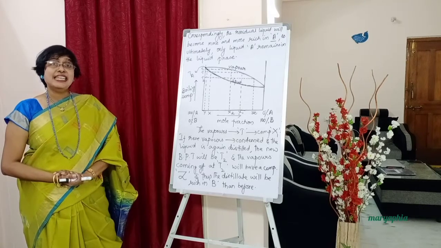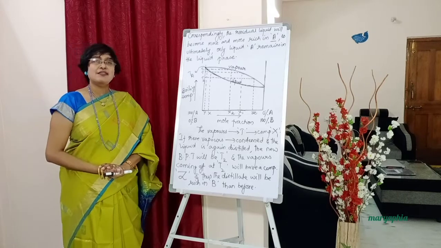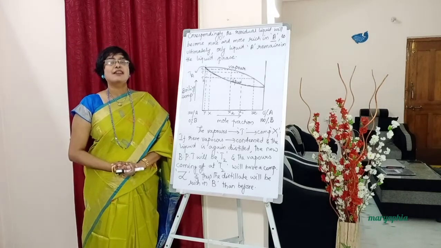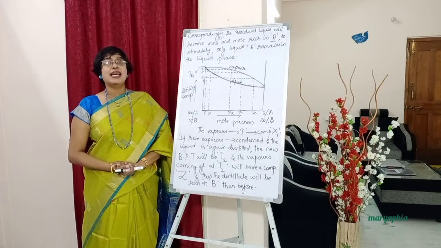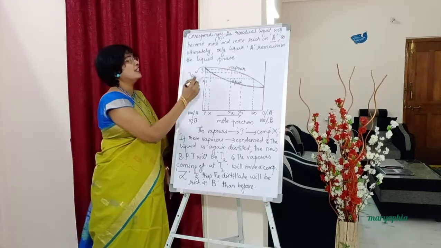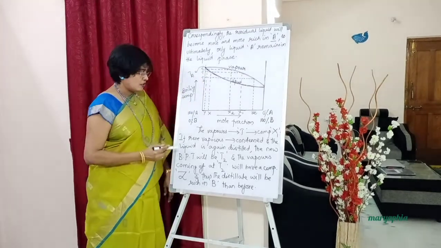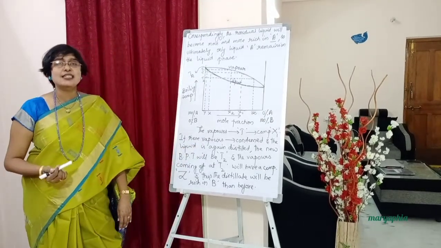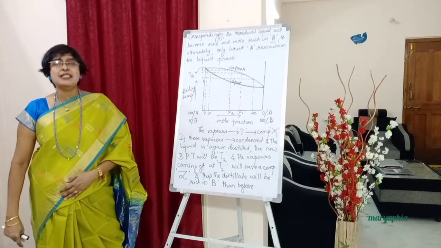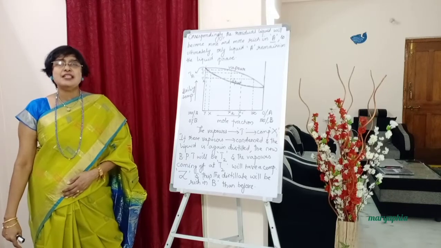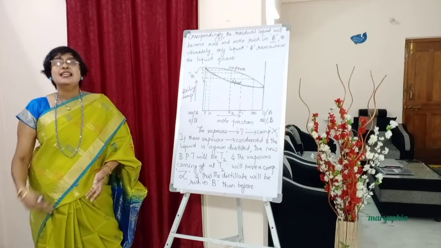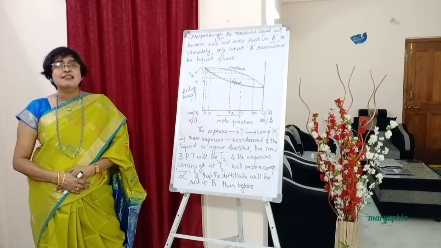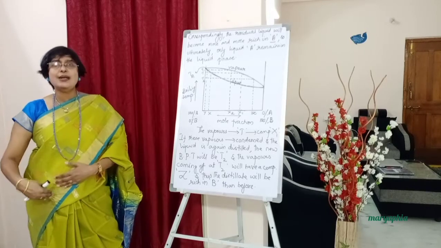Now, if these vapors, whichever vapors are coming off at the temperature T, are condensed, what is the meaning? Condensing of vapors means what, students? Vapor is in which phase? Gaseous phase. Condensing the vapor means we are converting it into a liquid again.